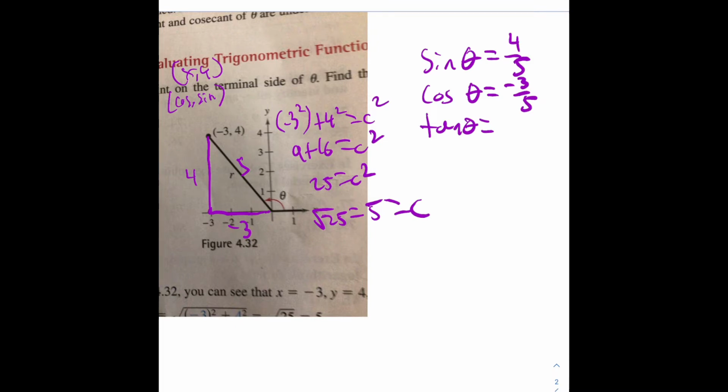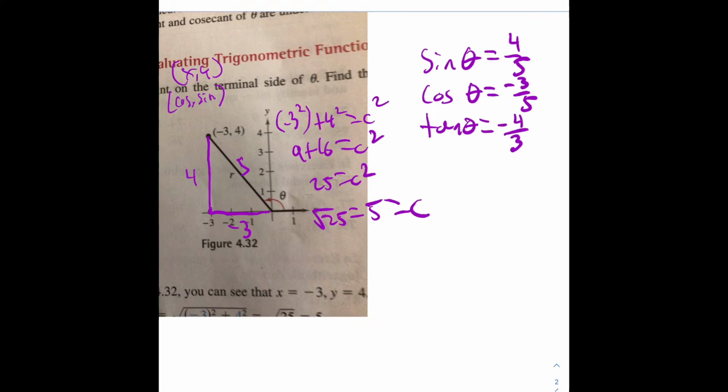And then my tangent is y over x, which is 4 over -3, so my tangent gives me -4/3. So even just looking at a single point, we can figure things out about the distance and the angles of that point.